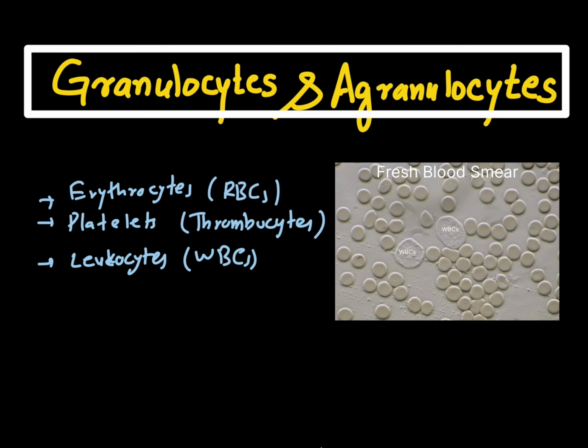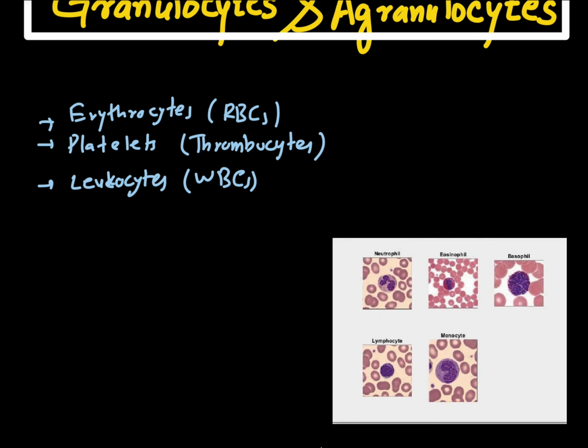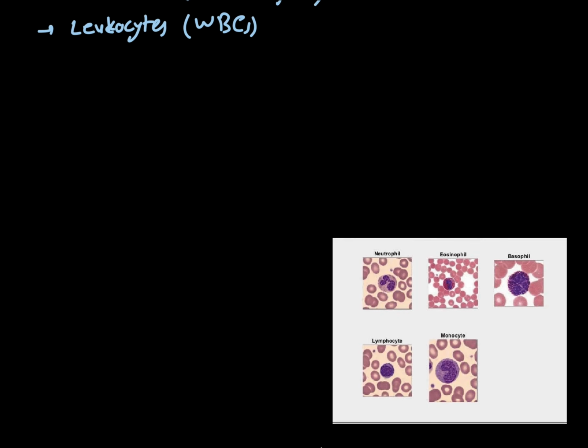are broadly classified into two main types. We have granular leukocytes and we have agranular leukocytes. Granular leukocytes are those white blood cells that contain visible granules in their cytoplasm.